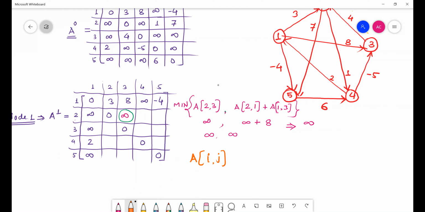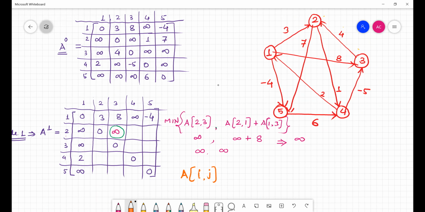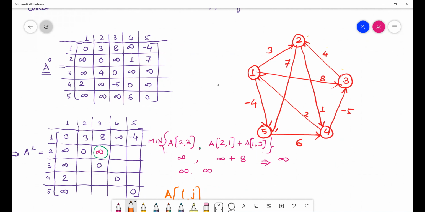Either direct edge or via 1, whichever is smaller, that will be considered. And for 2 to 1, the direction is opposite, so it doesn't have a value. So we made it infinite. If there is no weight assigned for such a path, it is infinite. If the direction is opposite, can we still use it? We are not using it, no? Where did I use it, I wrote infinite. We can write it for via 1.